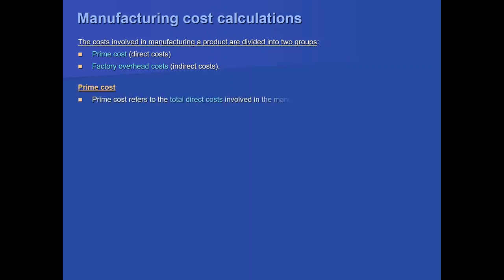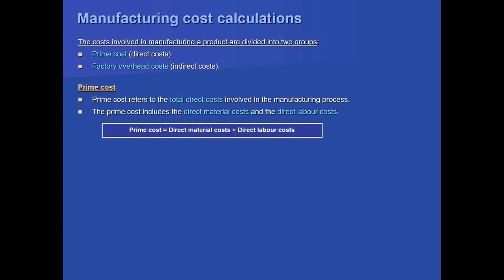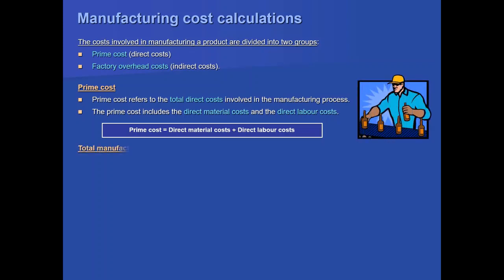So the prime costs refers to the total direct costs involved in the manufacturing process. The prime costs include the direct material costs and the direct labor costs. So in equation form, prime cost is direct material costs plus direct labor costs.